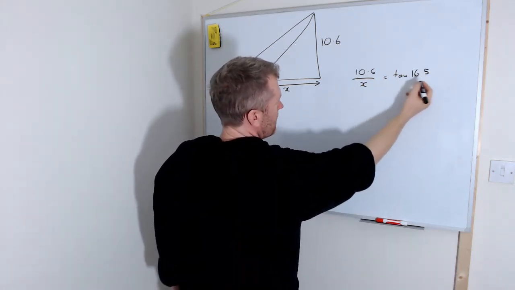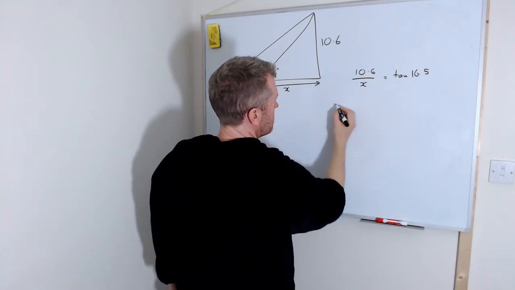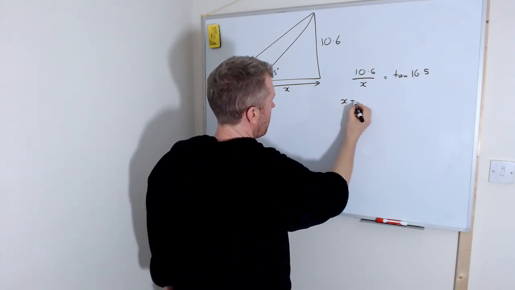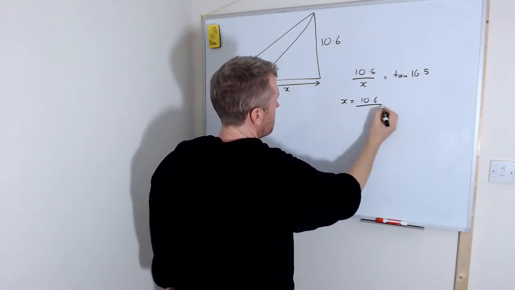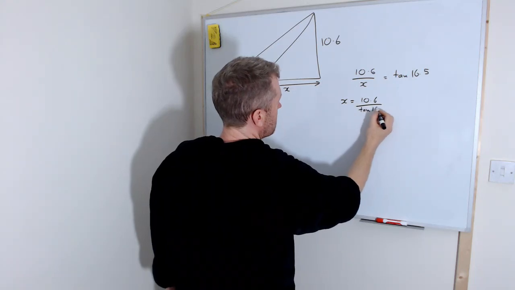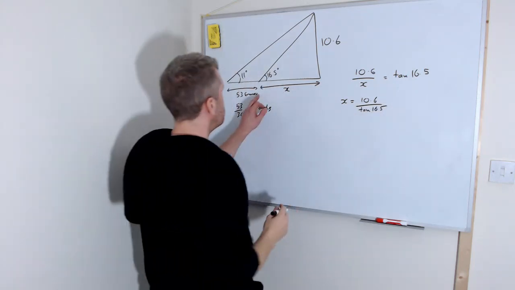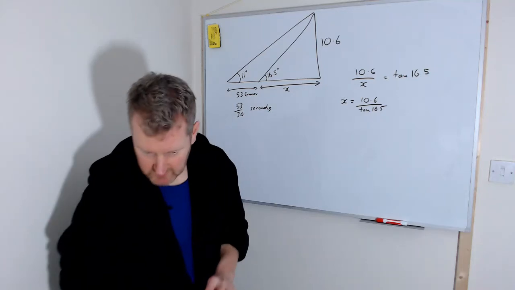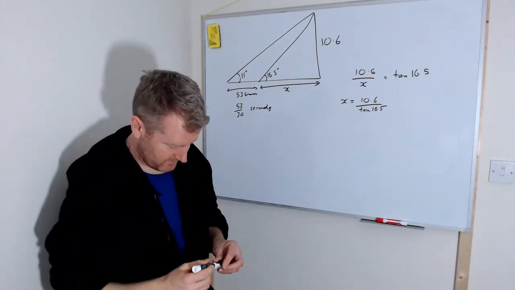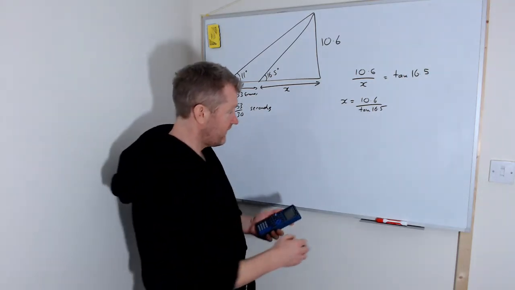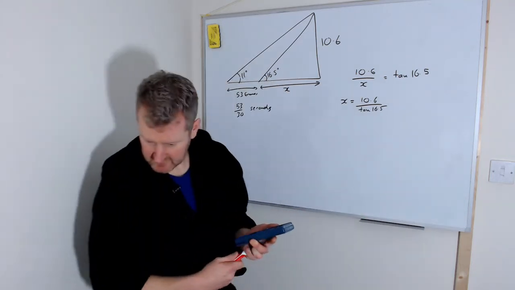To solve for that, we multiply by x and divide by tan 16.5. We get x equals 10.6 divided by tan 16.5. So this distance is now equal to, I need my calculator, 35.7, where's my pen? Alright, 35.8, sorry.